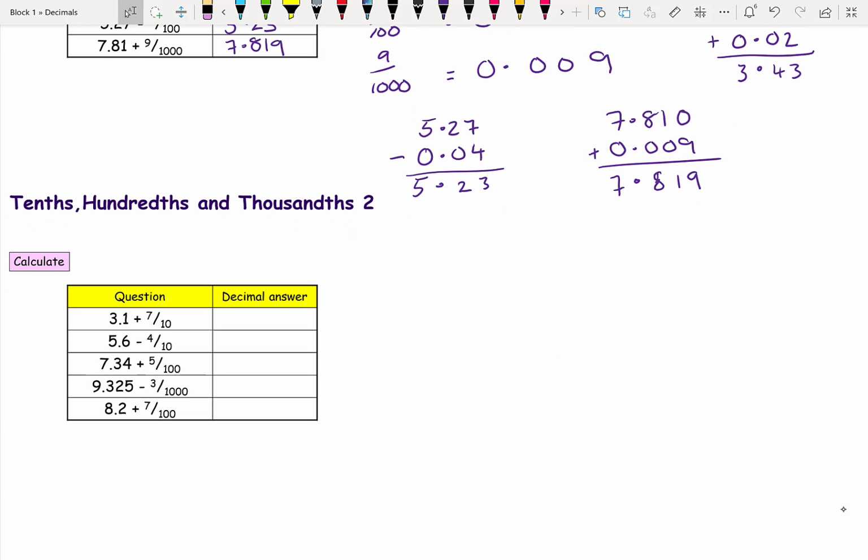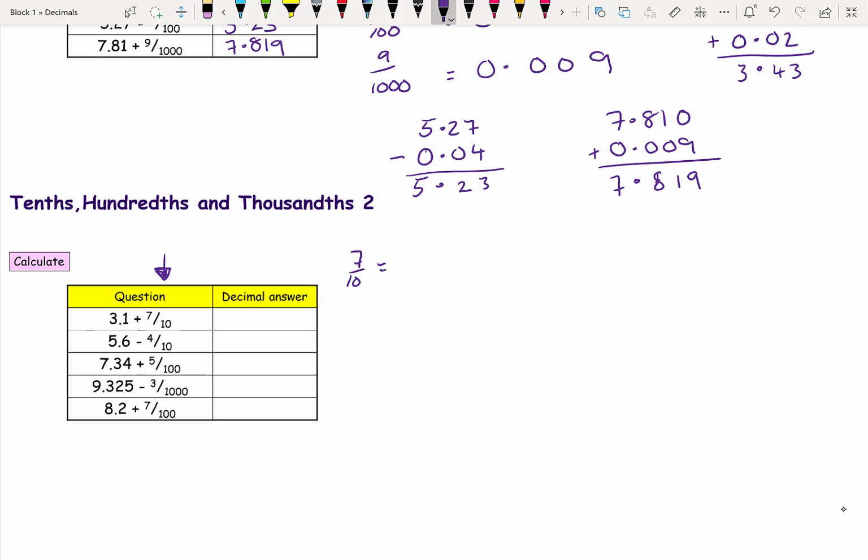Okay, pushing on then, we've got some more of these to look at. So again, we're just working through as many of these examples as we possibly can. And so what we're going to be expected to do is change the fractions in that column into decimal values. And so we're not going to bother with the column headings anymore. We're just going to change it straight into what it should be.